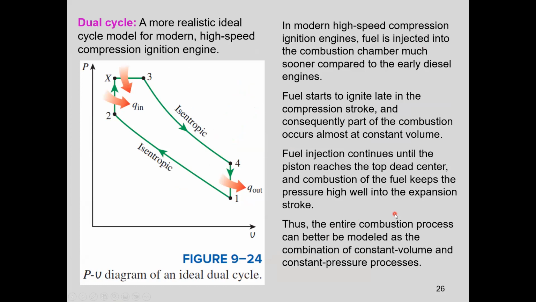So the diesel cycle is the ideal cycle to represent actual diesel engines, compression ignition engines. But in modern, high-speed compression ignition engines, the fuel injection time at the end of the compression stroke is a little bit early.